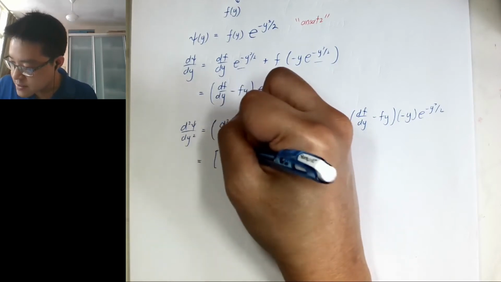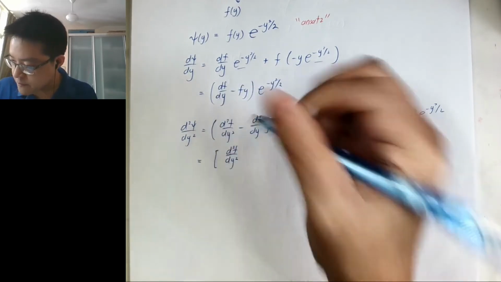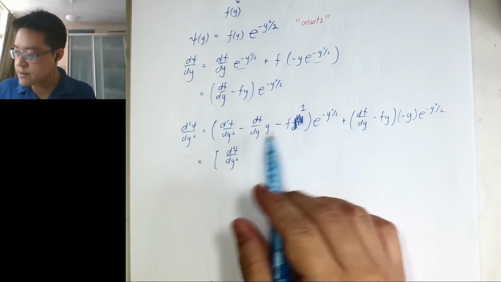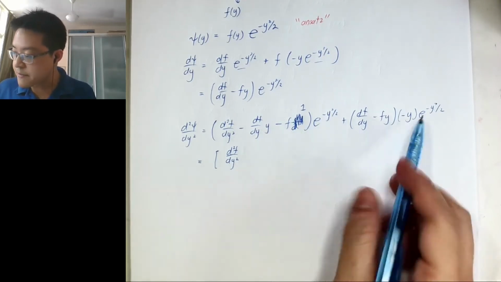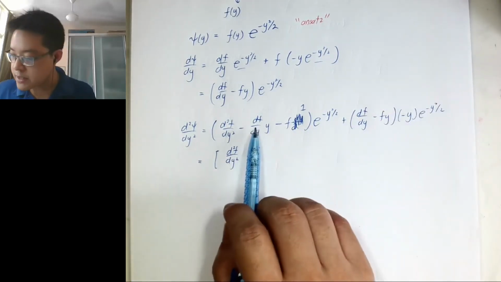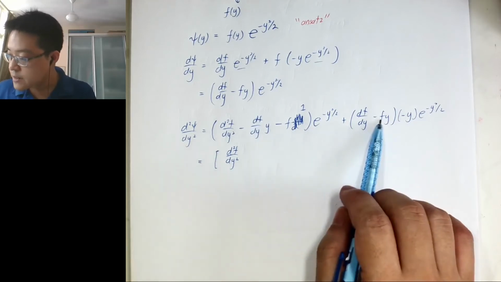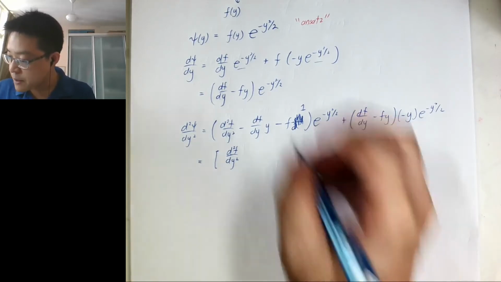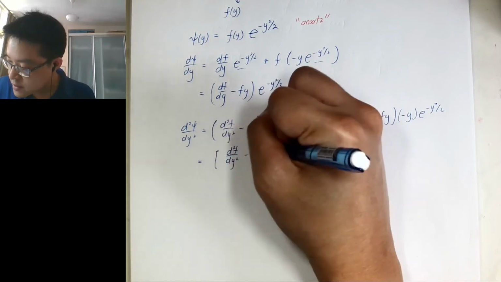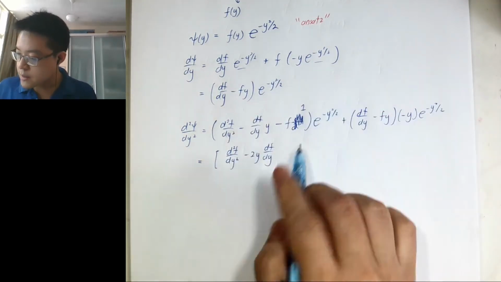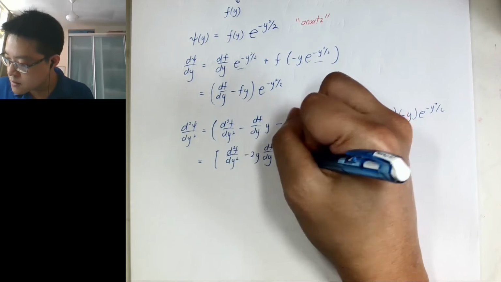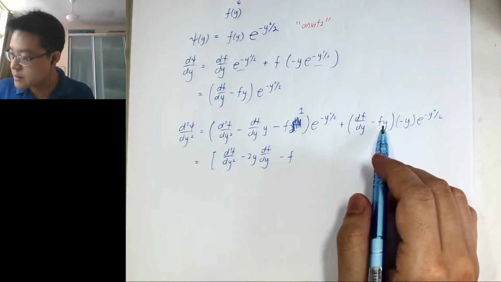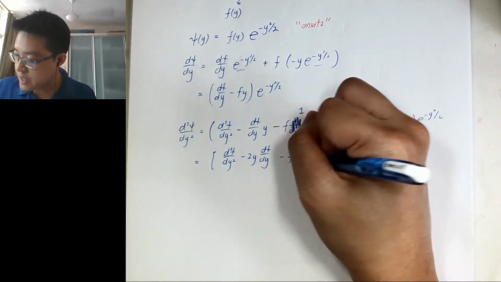The first term is the second derivative of f. And then this is the same factor, so I'm going to put the exponential outside. This is df/dy times y, then negative df/dy times y, so this is minus 2y df/dy, and then I got f times 1, and then plus f times y squared.